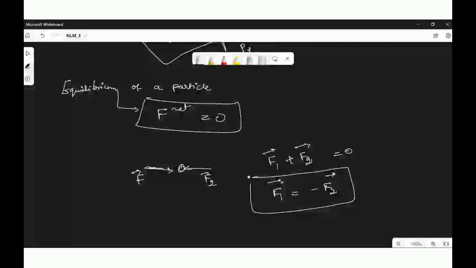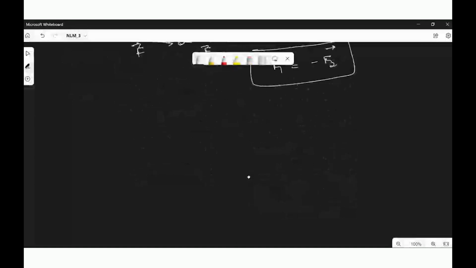Now, if there are 3 forces acting, still they can sum to 0. How? I have my F1 here on a particle, and there is F2 here.